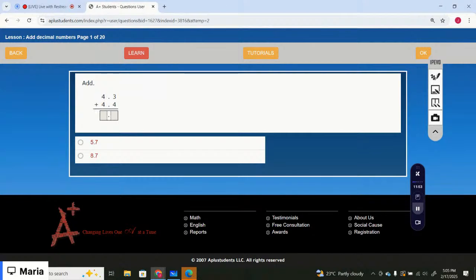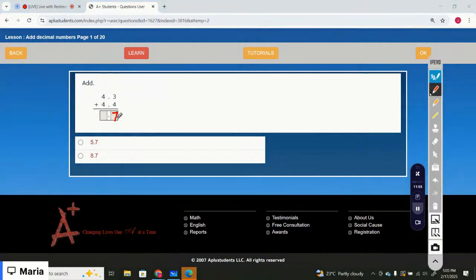So line up the decimal point and then add: 4 plus 3 makes 7 and 4 plus 4 makes 8. So the correct option is 8.7.